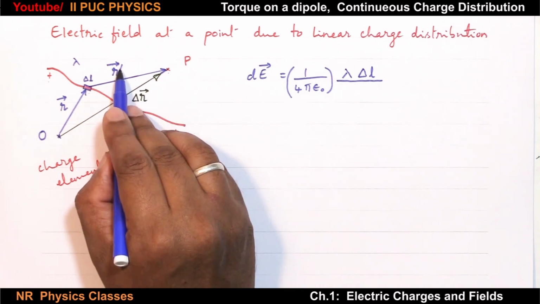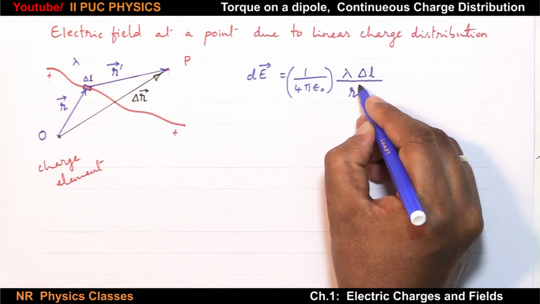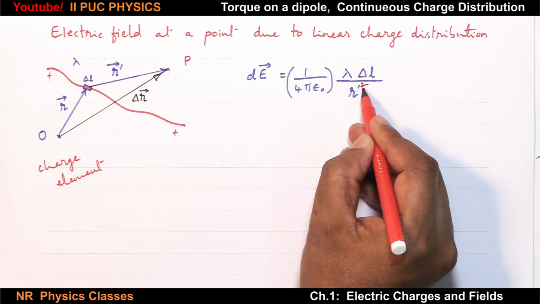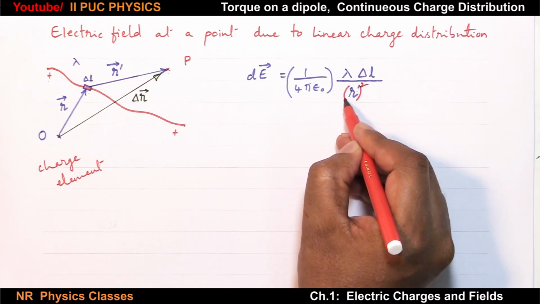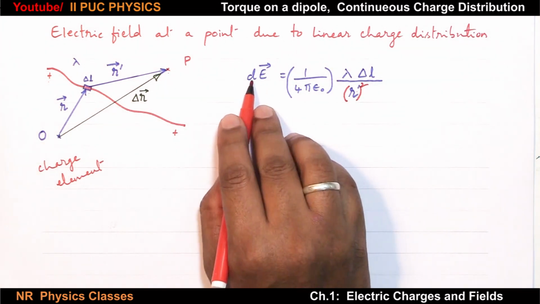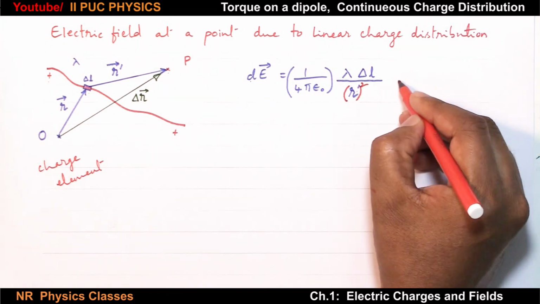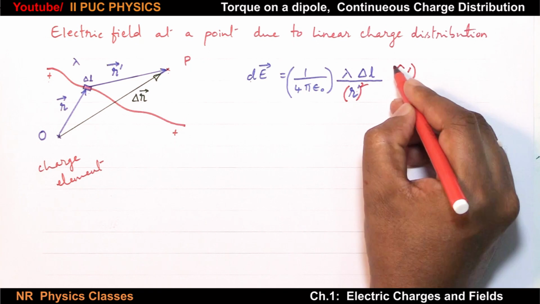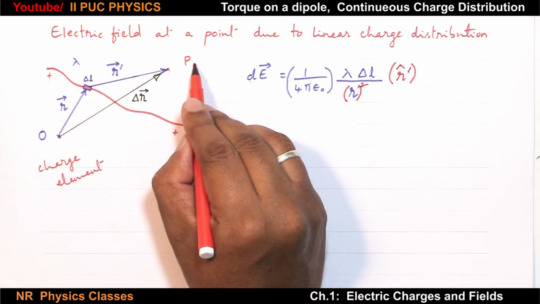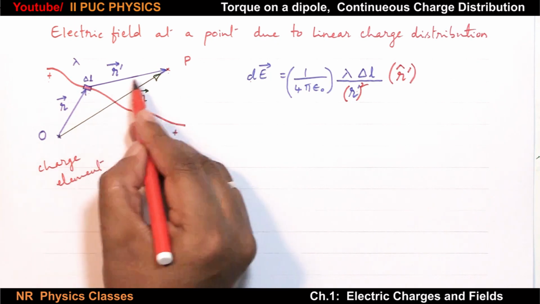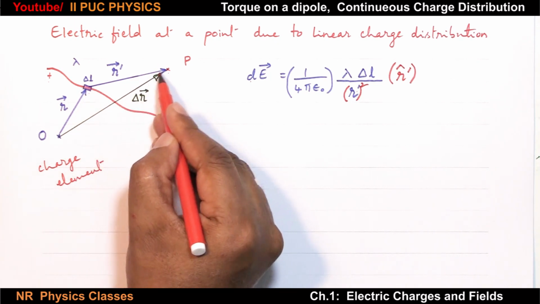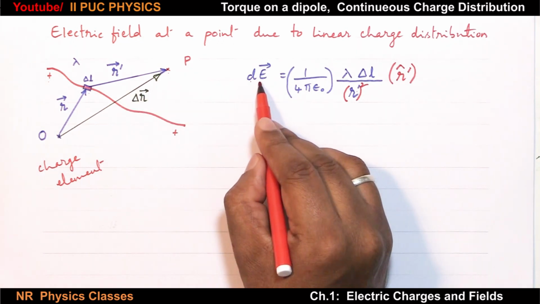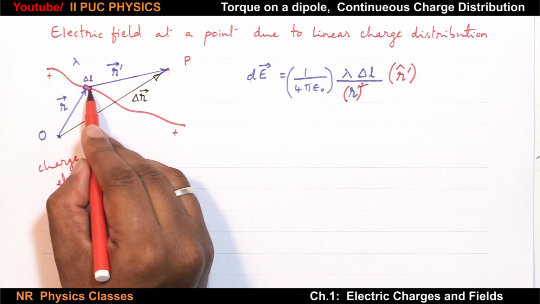Distance between these two is R dash, so R dash square. This is not R to the power of 12, it is R dash square. What is the direction of dE for a positive charge? It is along R dash. So let me write the unit vector. If it is a positive charge, electric field is in this direction. If it is a negative charge, the electric field is towards it, and for that case we have to write minus R dash. So this is the electric field at P due to the charge element.